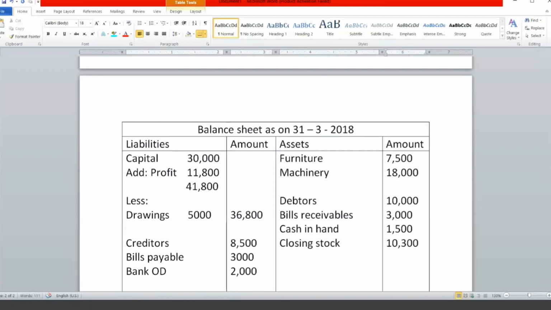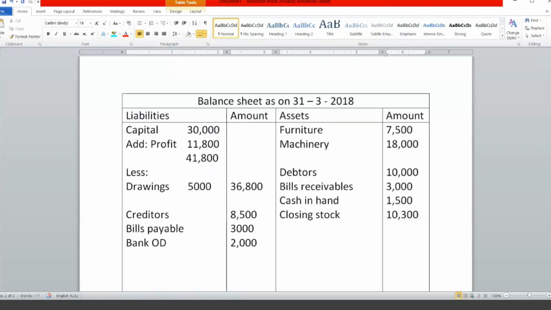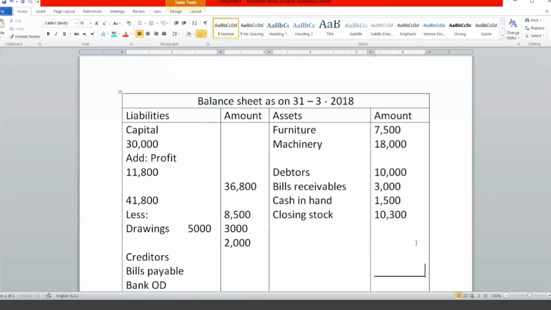Let us do the total and check whether it is tallied or not. If it is not tallied, again it will be a tension for us. 7,500 plus 18,000 plus 10,000 plus 3,000 plus 1,500 plus 10,300. It is 50,300 on the asset side. Let us check the liability side.